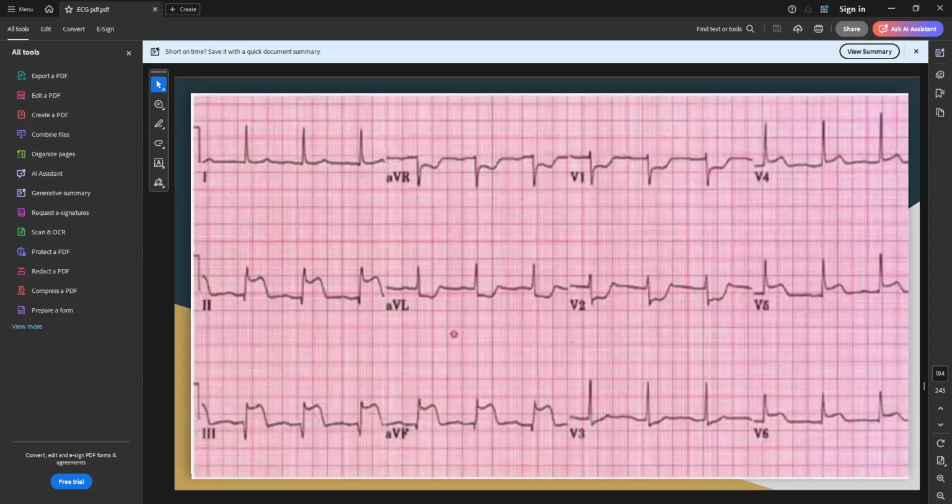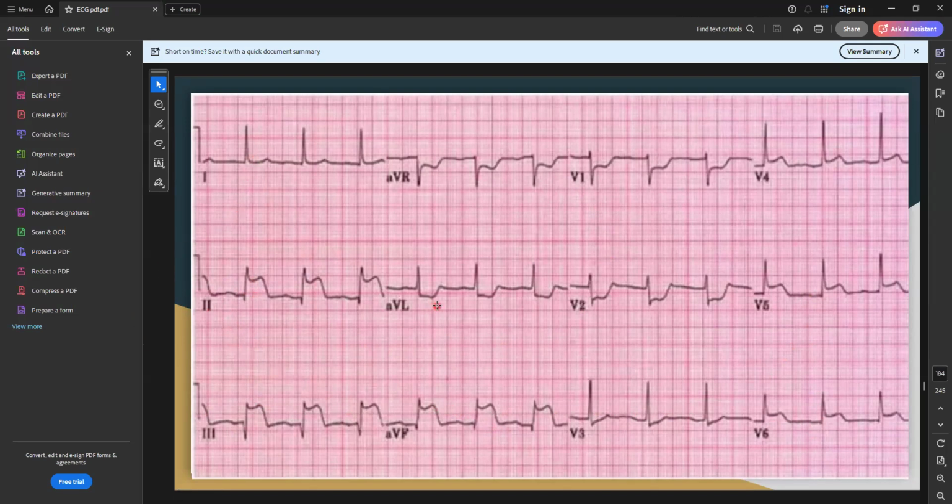We'll show it now. This is the inferior wall STEMI, where you can see ST elevation in lead 2, lead 3, V5 and V6, and reciprocal T wave inversion in lead 1.